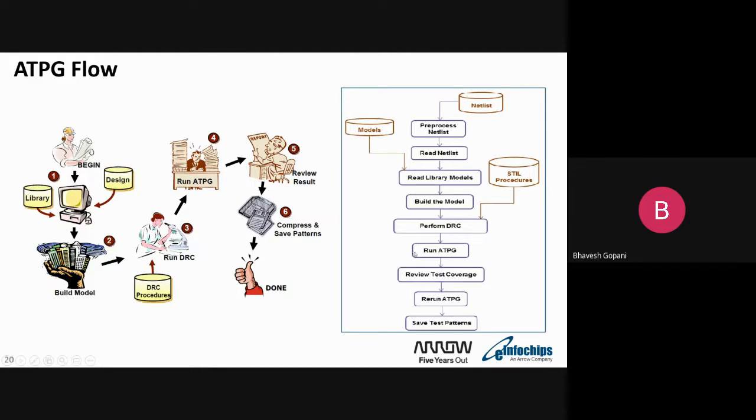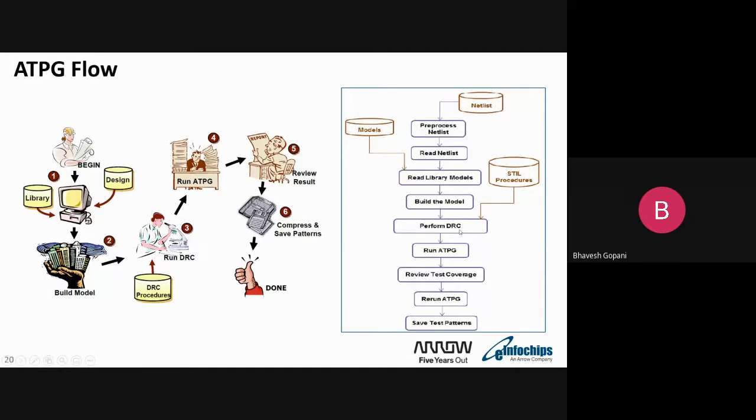Once the DRC is fixed, the next step would be run ATPG. Run ATPG means we are targeting a specific fault. Let's say right now I'm targeting stuck-at fault, so I need to run ATPG only for stuck-at.